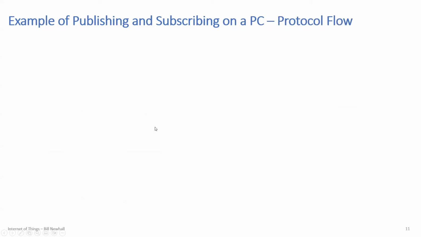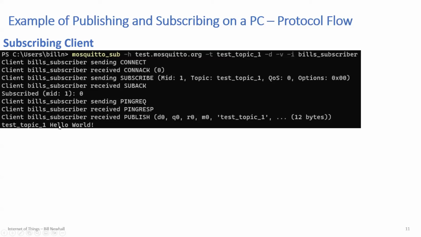So here is an example of publishing and subscribing on a PC. Here's the protocol flow. I'm going to bring up a whole series of lines here in the command line, but concentrate on the top line. I typed in at the prompt mosquitto_sub and the rest of this text, and I hit enter, and then all this other stuff appears.